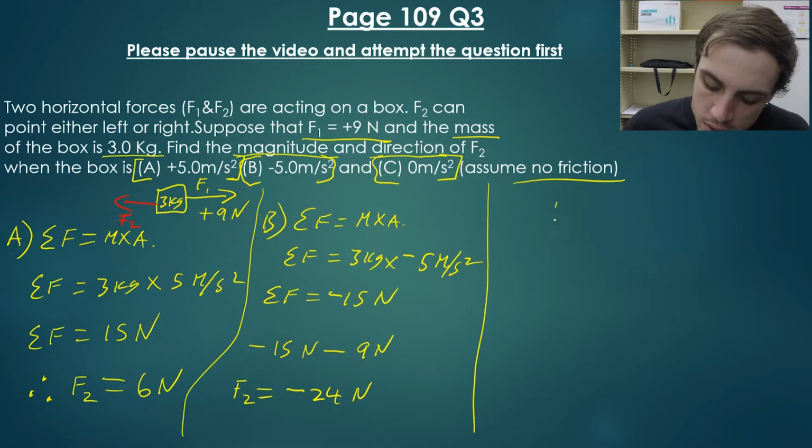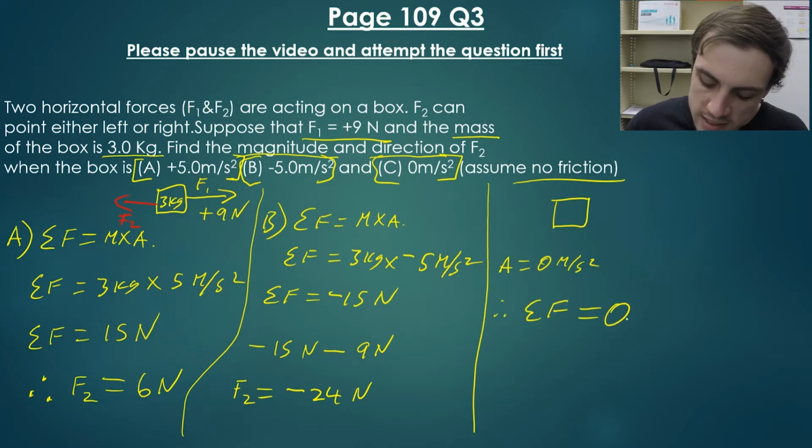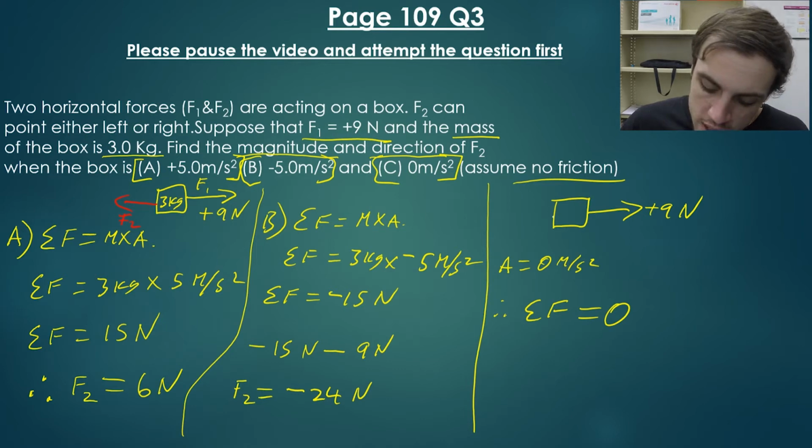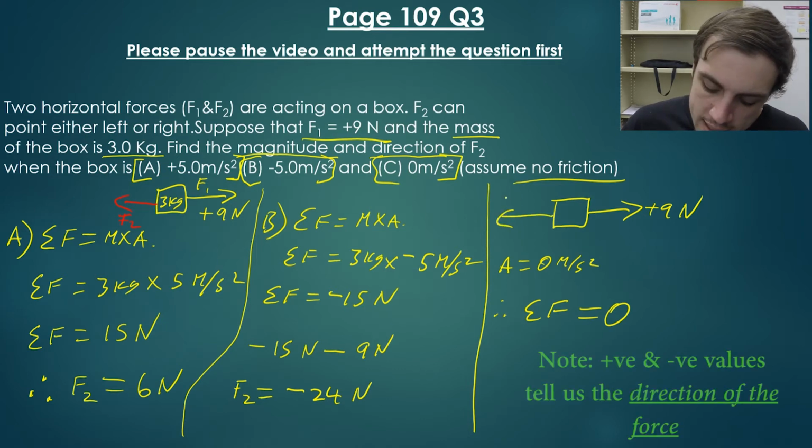So because it's not accelerating, the sum of all forces must equal 0. So if F1 is pushing this direction at plus 9 newtons, it means that F2 must be pushing this way at negative 9 newtons.